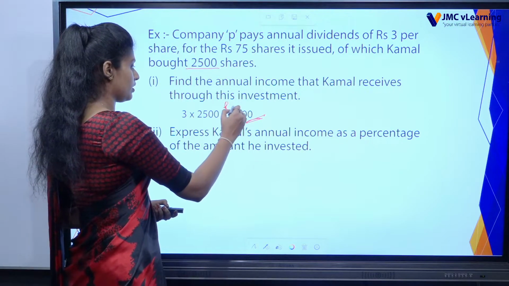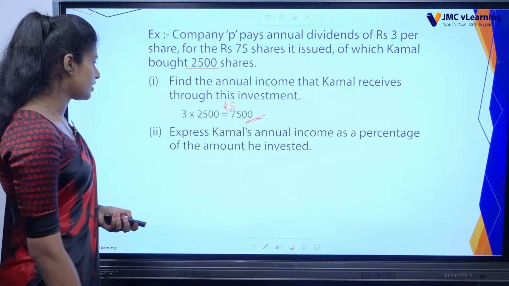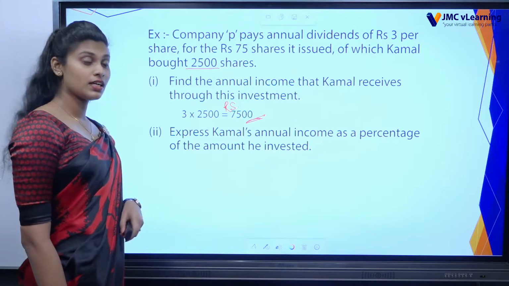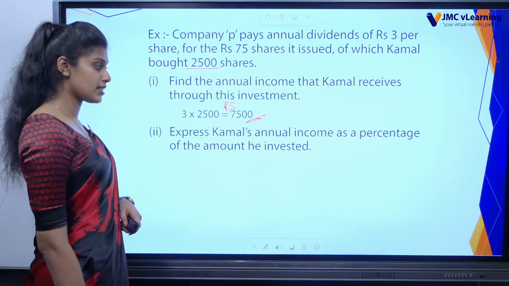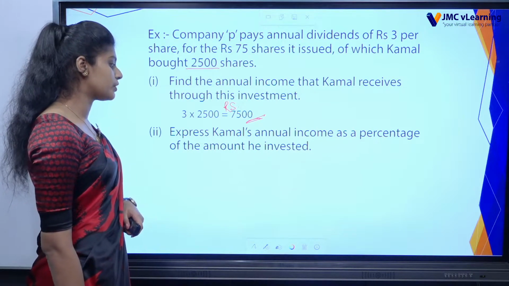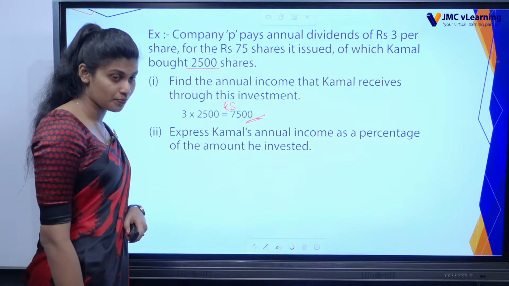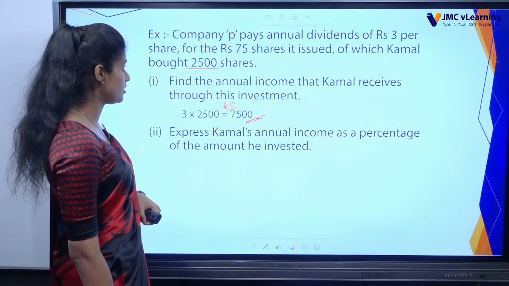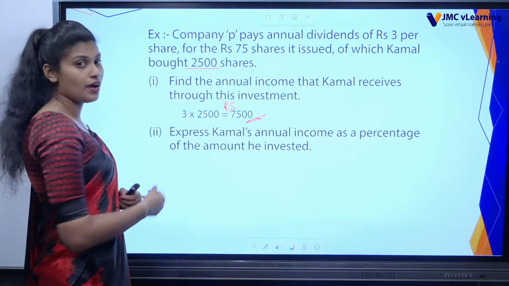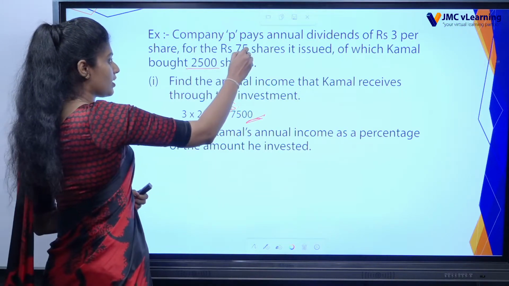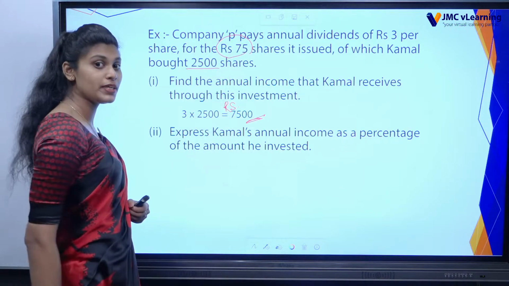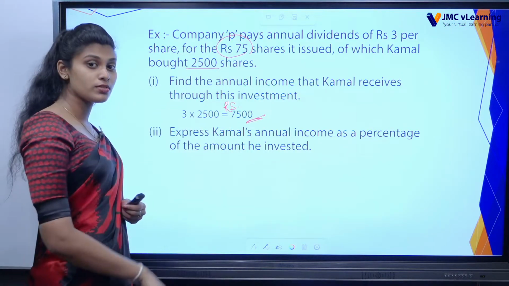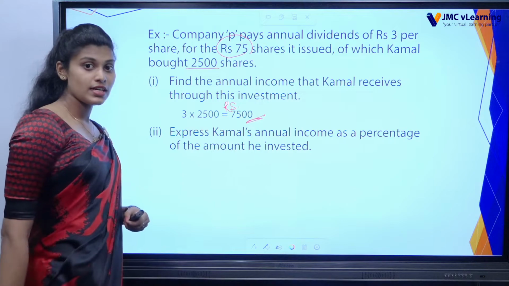Second one, express Kamal's annual income as a percentage of the amount he invested. How much money has he invested? We have to find that, because one share is 75 rupees and he has bought 2500 shares.